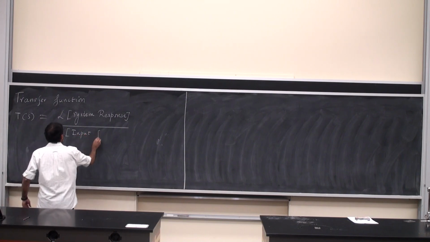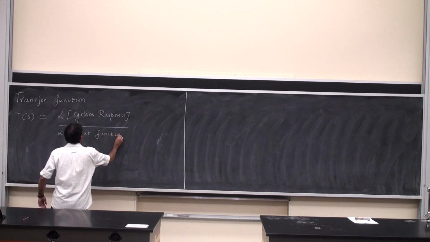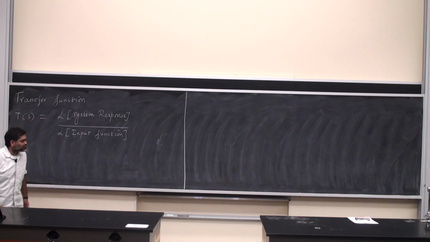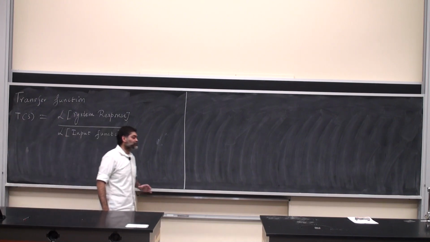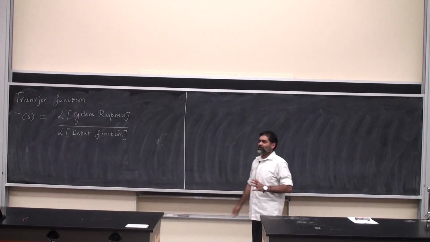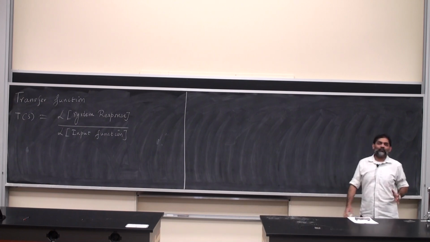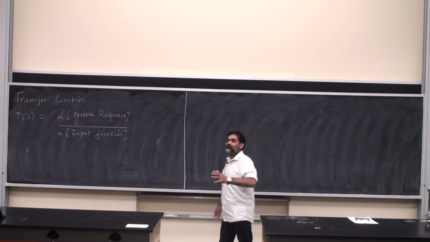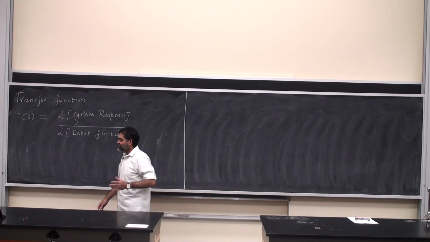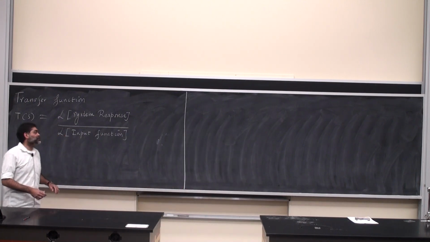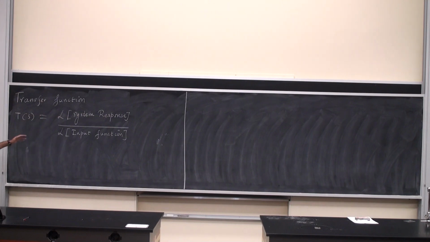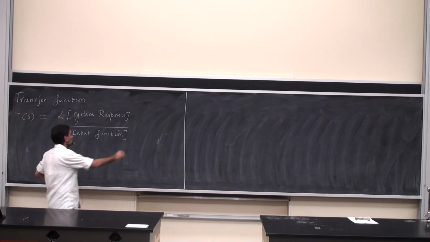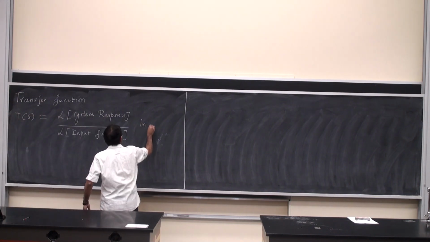The system response is the dependent variable of the problem that you are interested in. If you have an equation of motion that tells you what the system response variable is going to be, x of t, for example, y of t, z of t, some function of time, input is some function of time. This is all performed in the Laplace domain.